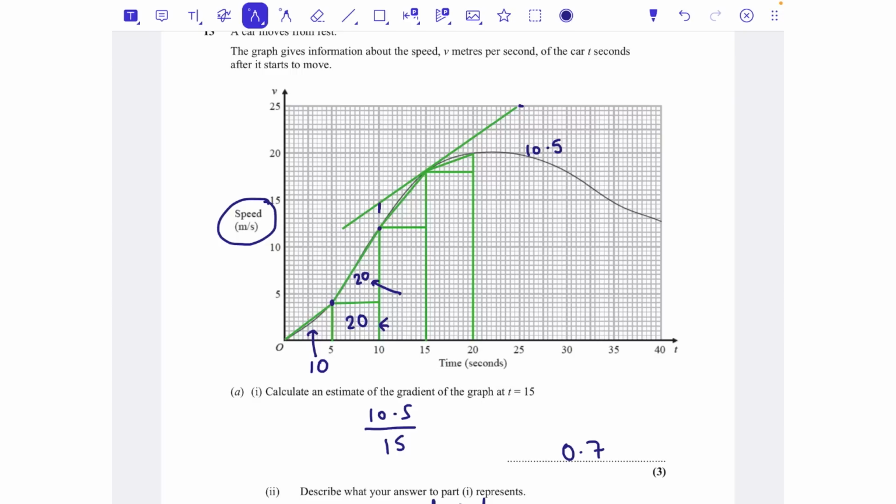For this next bit, I've got 5 times 12, which is 60. And then for the triangle at the top, I'm going from 12 up to 18, so that's 6 tall, 5 wide, 5 times 6 divided by 2 is 15. And then last but not least for this section here, 5 times 18, which is 90 for that rectangular bit.